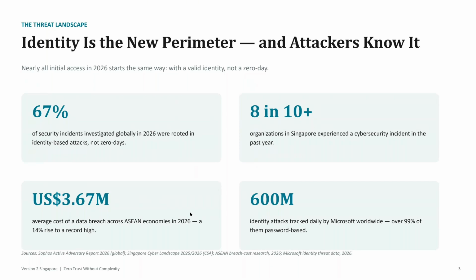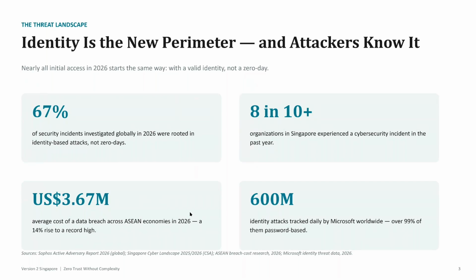So 10 plus organizations in Singapore experienced a cyber incident in the past year. There were 3.67 million US dollars, the average cost of a data breach. So it is a rising high record. So the attacks are getting more serious, the loss getting more. And 600 million identity attacks are tracked daily by Microsoft worldwide.